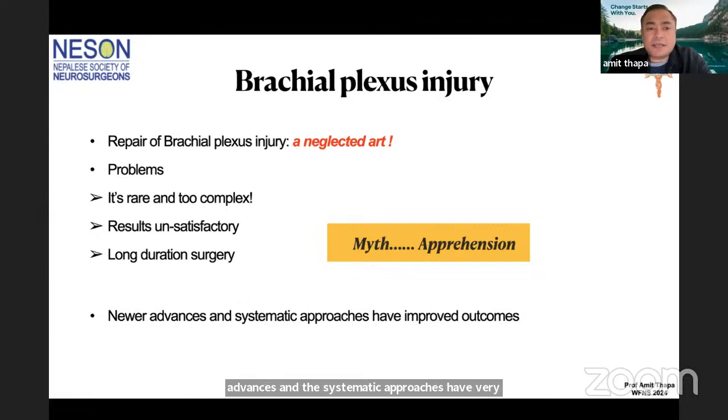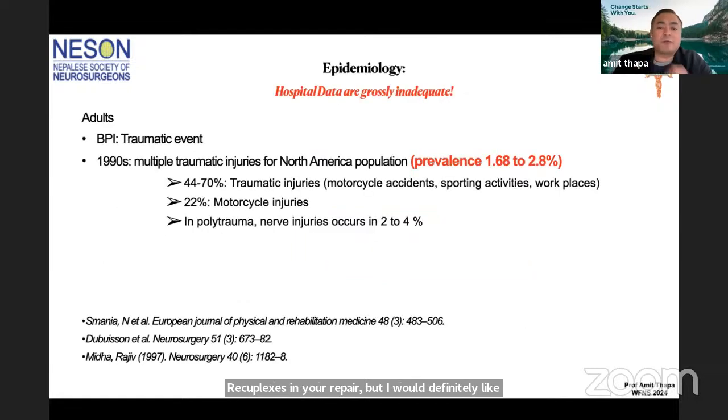My presentation will not be able to completely cover all aspects of brachial plexus injury repair, but I will cover the basics and the most general aspects of this problem. Concerning population data, in the 1990s there were many publications from North American populations which found that the prevalence of adult brachial plexus injury is 1.68 to 2.8%.